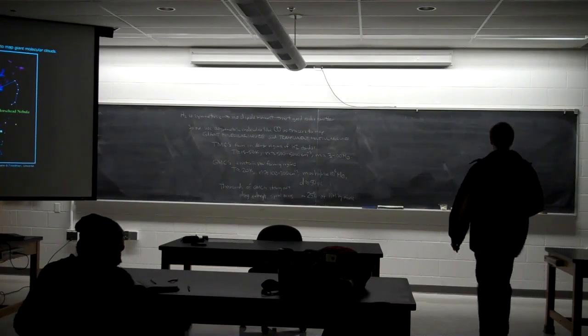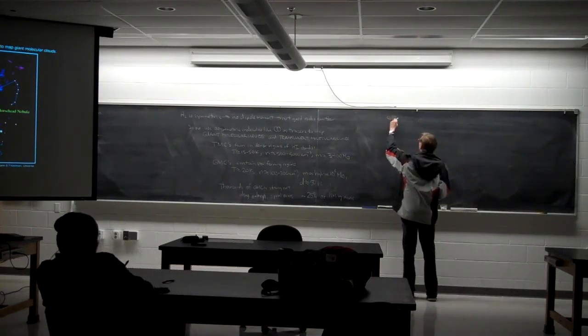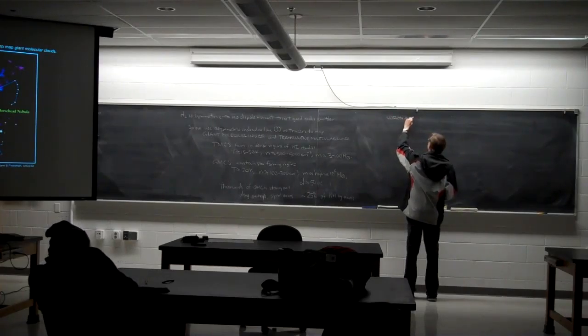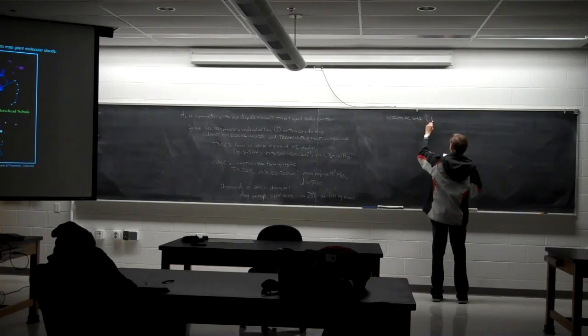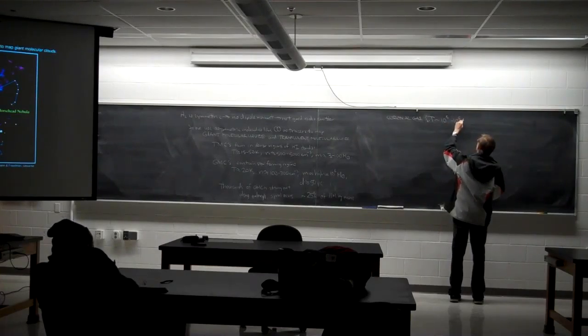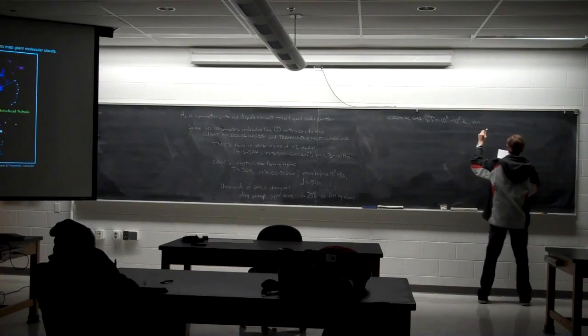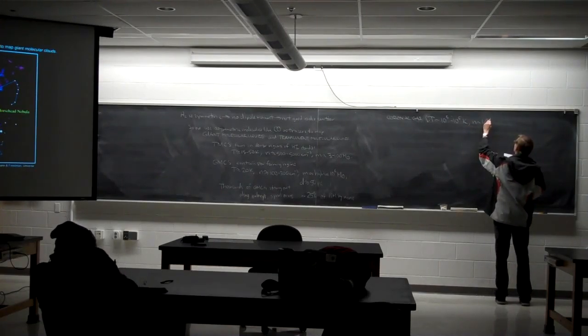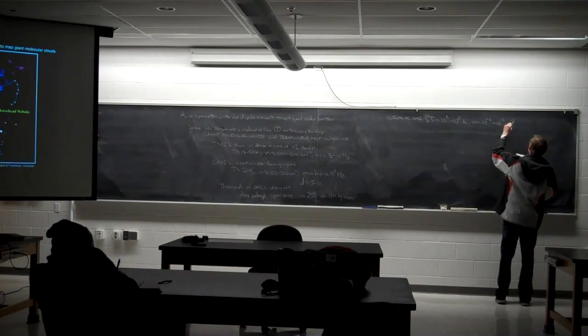Coronal gas, hot stuff. So here we're talking T is around 100,000 to a million Kelvin. Number densities on the order of 10 to the minus 4, 10 to the minus 3 per cubic centimeter.